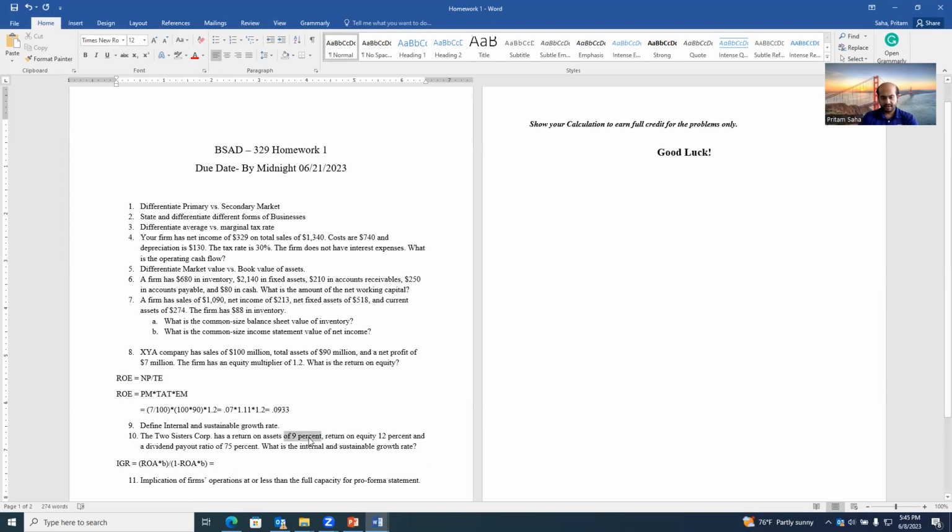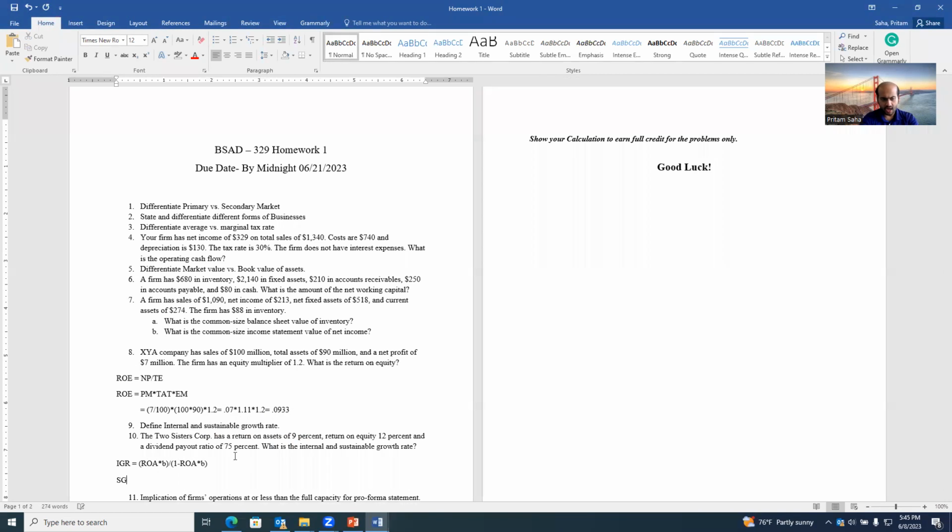Return on asset is given as 9%, dividend payout ratio is 75%, so retention is 25%. Just plug in the values. For SGR, return on equity is given, b is 25%, plug in the values.